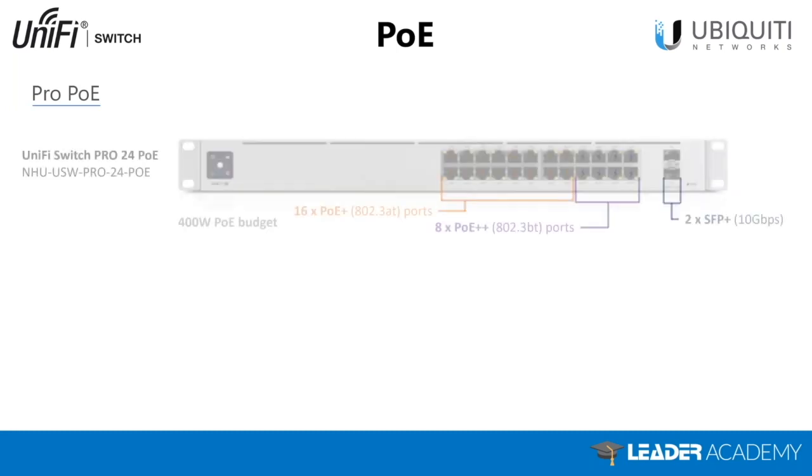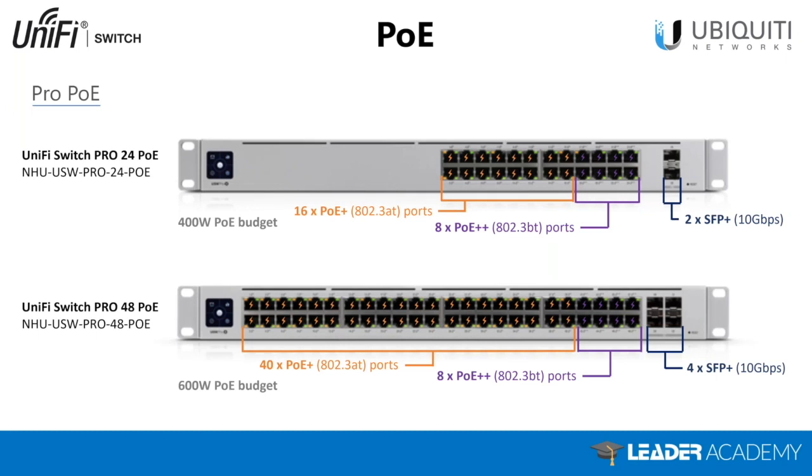When we move on to the Pro PoE switch, like the Gen 1, all ports once again are PoE enabled, but on the Gen 2, what they've done here is a little bit different. They've enabled the first 16 with PoE Plus, but then the last 8 on the 24 port are actually PoE Plus Plus.